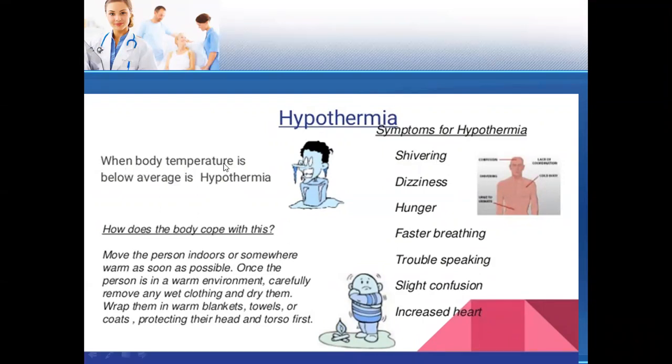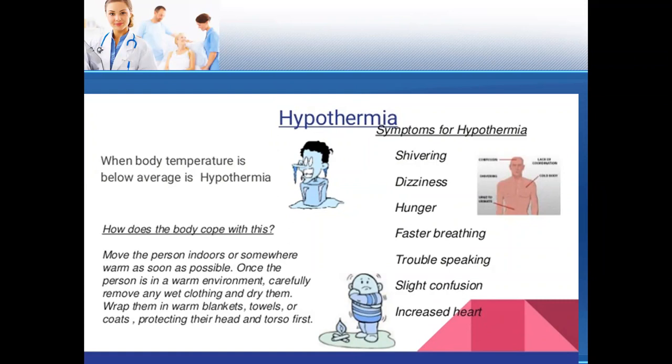When the body temperature is below average, I said under 35 degrees Celsius, we call it hypothermia. And how does our body cope with this hypothermia? Move the person indoors or somewhere warm as soon as possible. Once the person is in a warm environment, carefully remove any wet clothes or dry them, right?